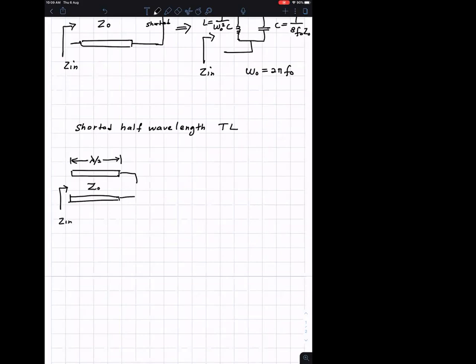This transmission line can be realized with a parallel resonant circuit, with the inductance value given by this formula, and the capacitance value given by this formula.